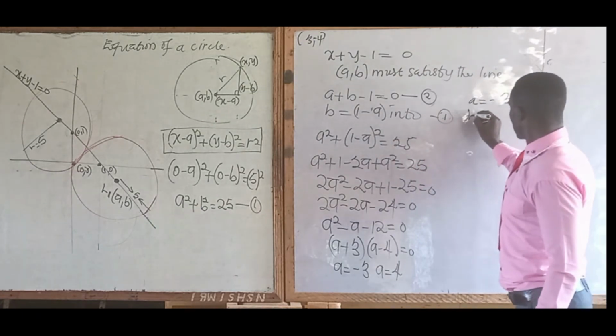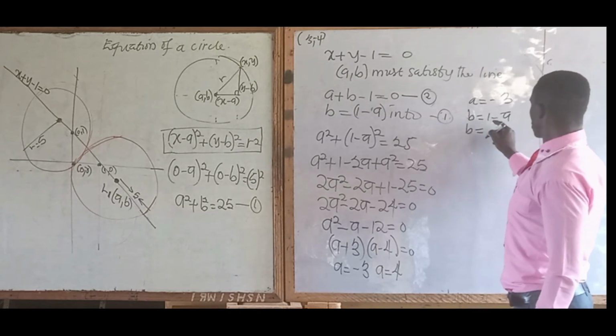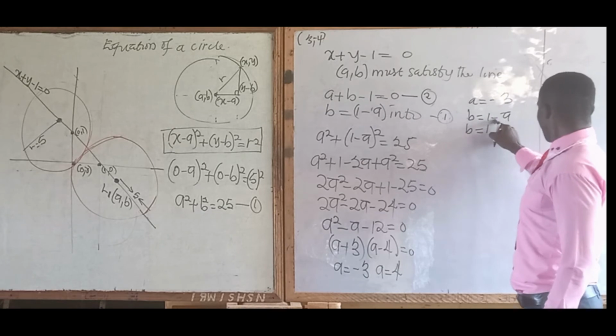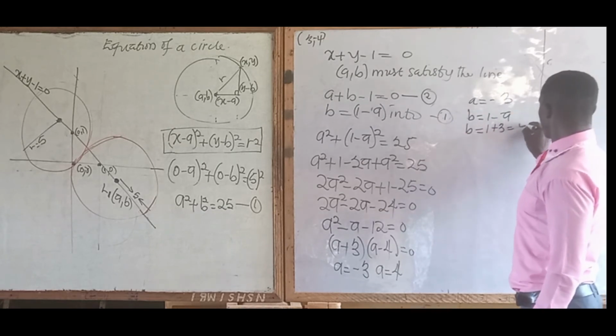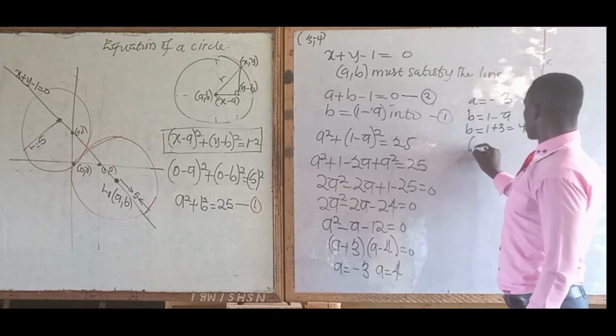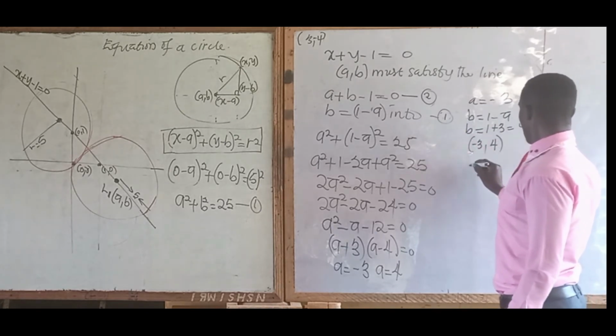Because we have b is equal to 1 minus a. So b will be equal to 1 minus negative 3, so plus 3, which is equal to 4. So in that case, we shall have negative 3, 4 as our point.